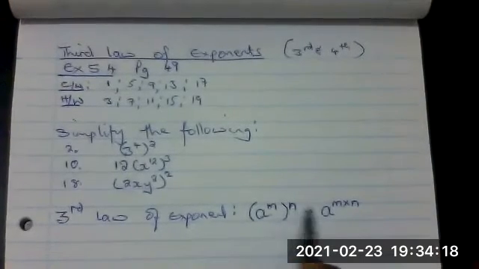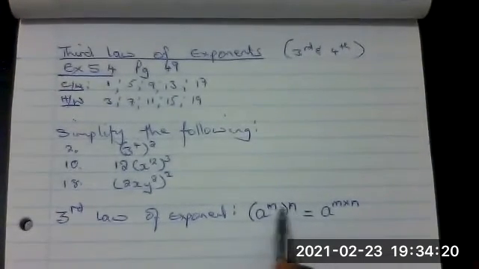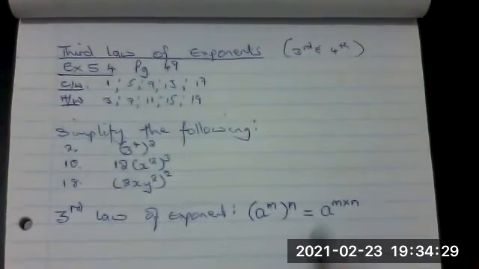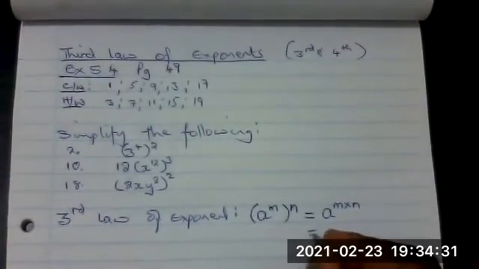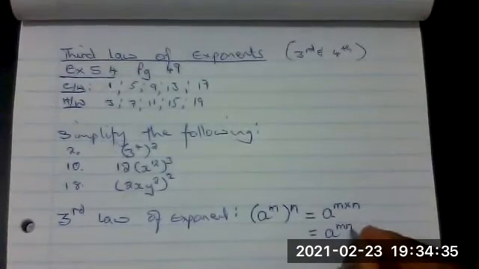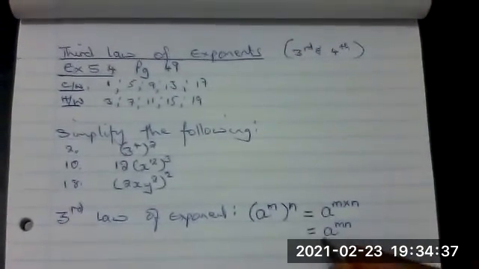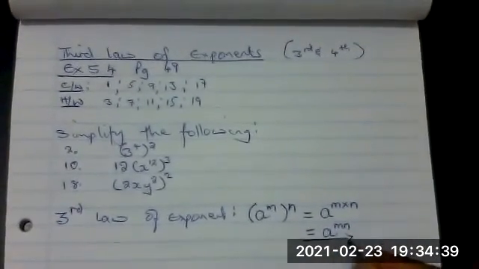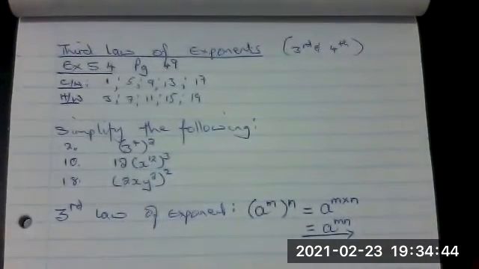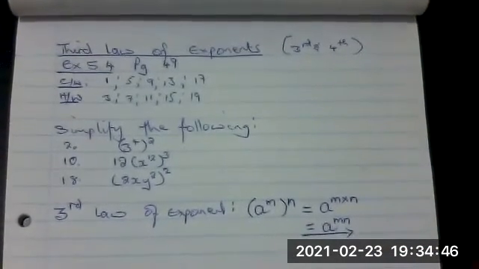So we multiply the exponents that are raising the same base, and we simplify it to a to exponent m times n. This becomes our final answer. You will understand this better when we deal with values.